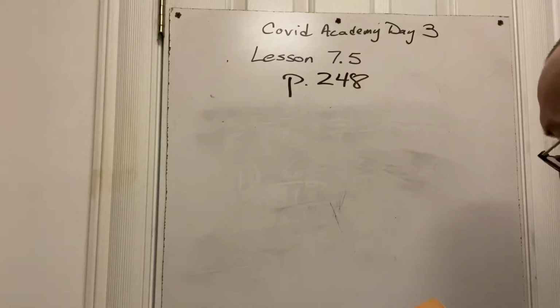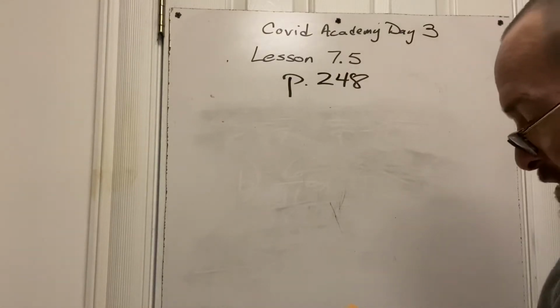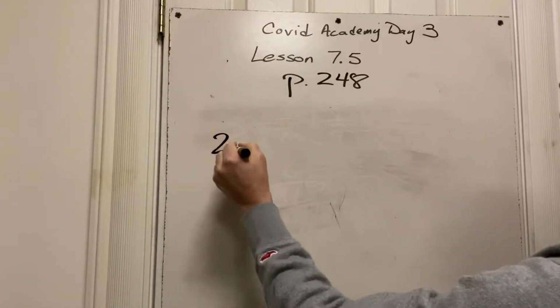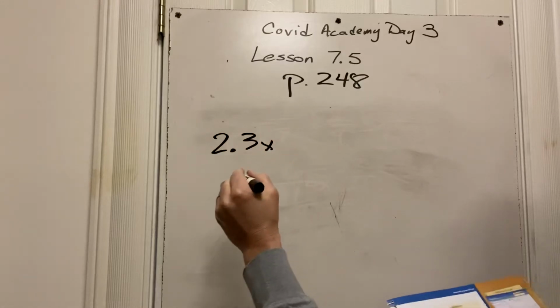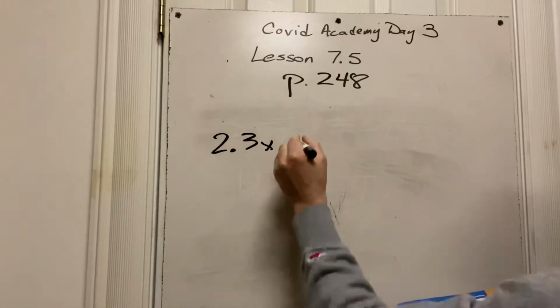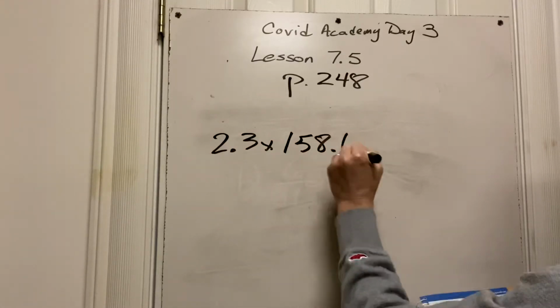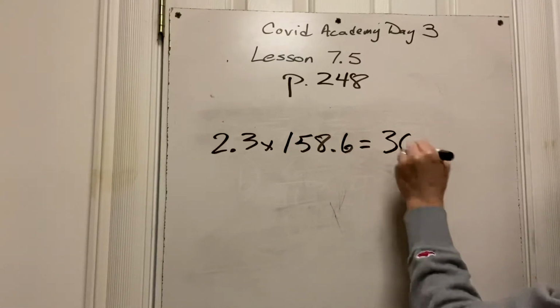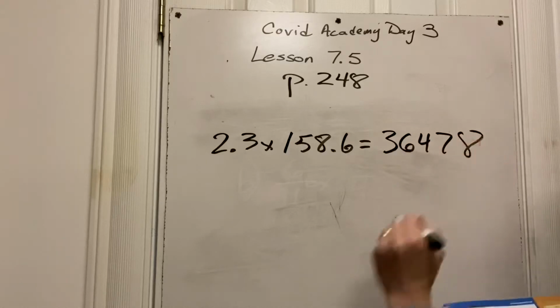Number 3. Use an estimate to place the decimal point. The correct digits are given. So 2.3 times 158.6 equals 36478.